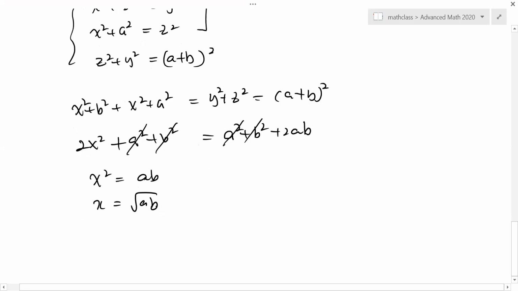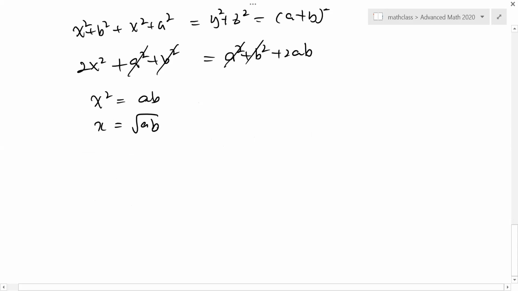So you don't need to know the exact values of A and B. All you need to know is the product. The square root of the product gives you X. So we discovered some very important formulas.